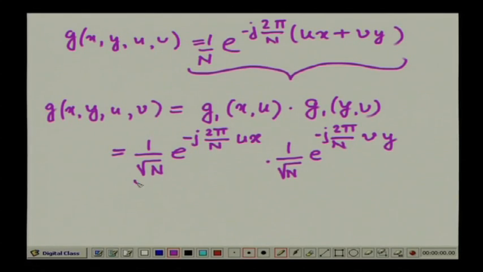You find that the first term g1(x,u) and the second term g1(y,v) are functionally the same, only the arguments differ: in one case it is ux and in the other case it is vy. So, obviously, this two dimensional discrete Fourier transformation is separable as well as symmetric.